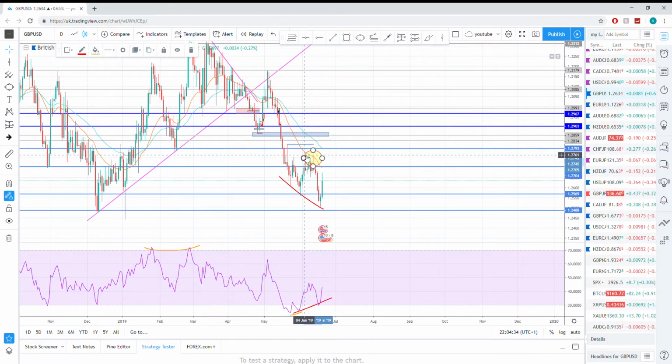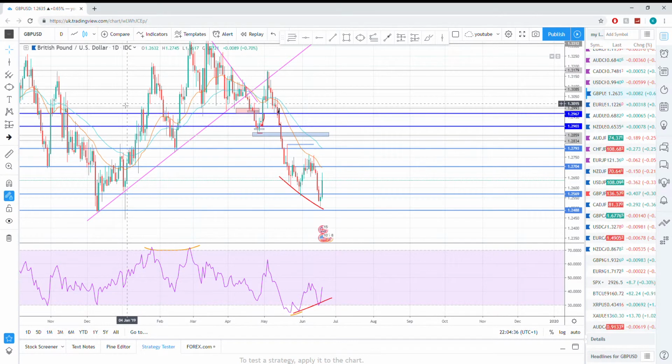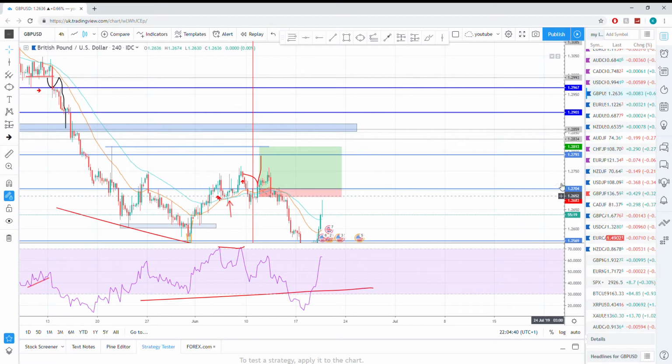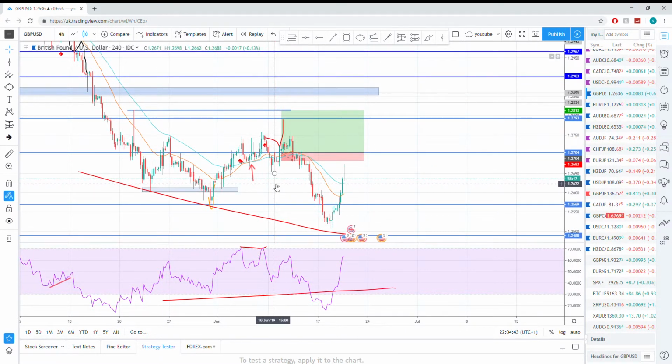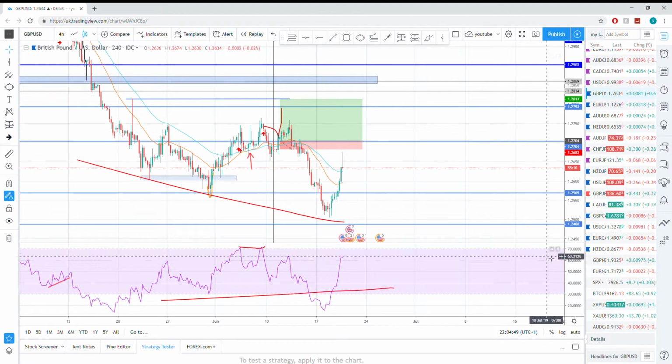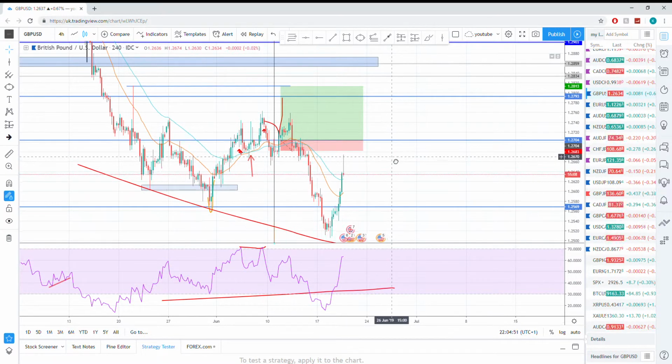So let's go back and have a look at the 4-hourly time frame. This projection here was from the last video that I did, and that was for the bias towards the upside.